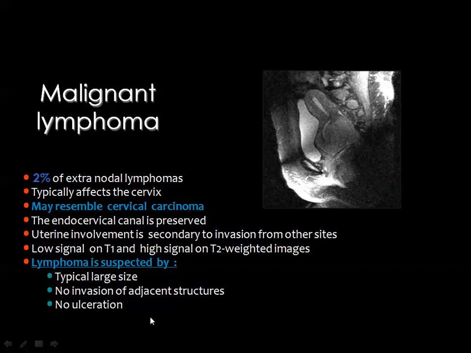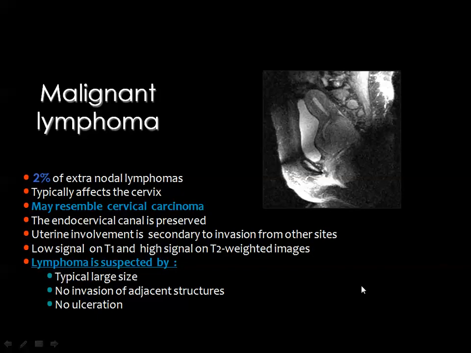Lymphoma has a large size, it does not invade the surrounding structures, it does not show evidence of ulceration. Also, if you can find bulky lymph nodes in the vicinity of the tumor and the nodes are homogeneous with no evidence of necrosis, then you may predict the possibility of lymphoma.